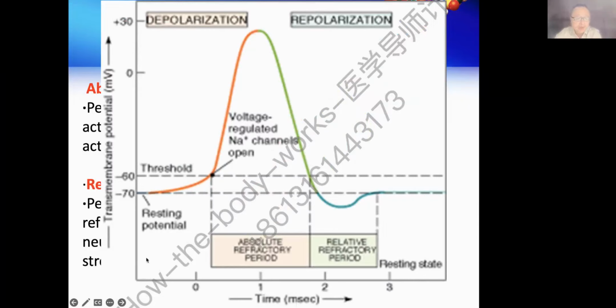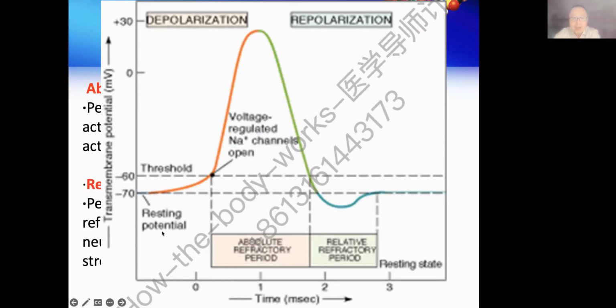And on the y axis, the name is the transmembrane potential. Actually, the membrane is the nerve cell membrane, right? Transmembrane potential of the nerve cell, in millivolts, MV.